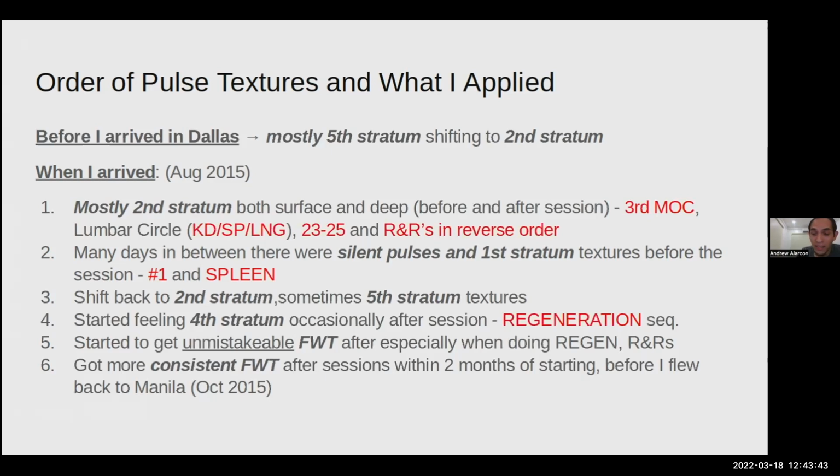That may be the last time I see him, because this was something very serious. But towards the end of my time in Dallas working on him in 2015, I was confident that he was going to get better, even if we weren't really seeing much physical change.